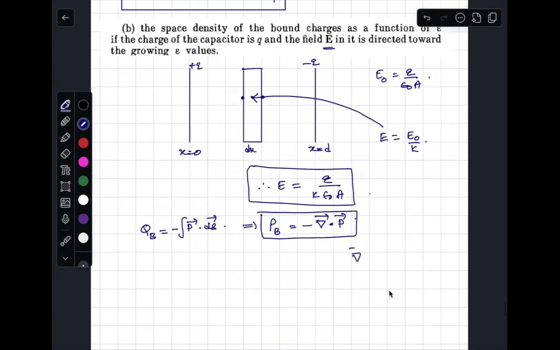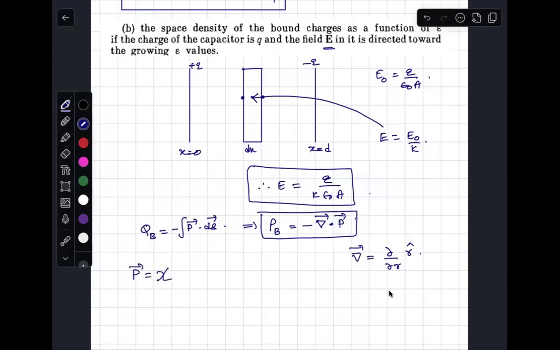Del bar is nothing but dou by dou x i cap, dou by dou y j cap, dou by dou z k cap. Likewise, you can write it like this. Sir, I don't know what P bar is. Just now I have given the expression. What is the P bar expression?